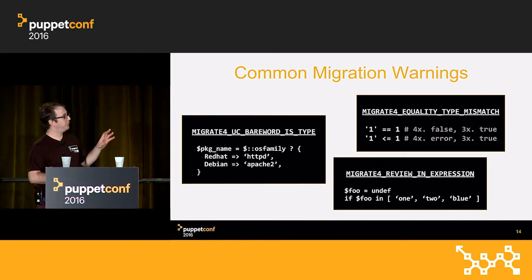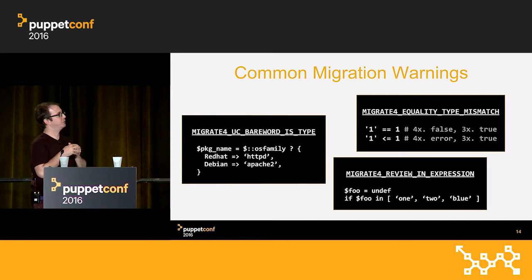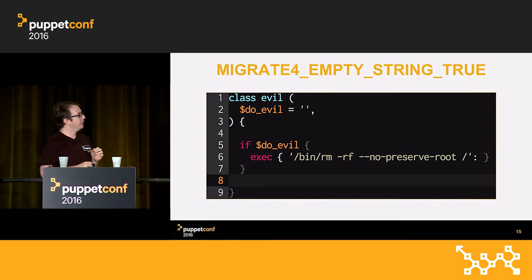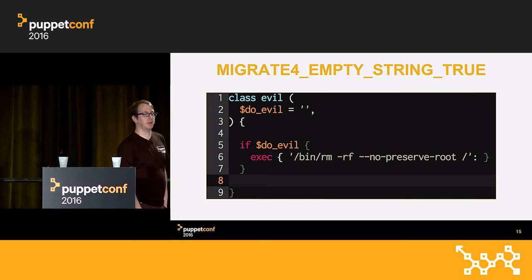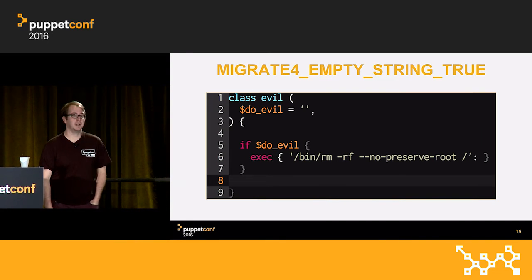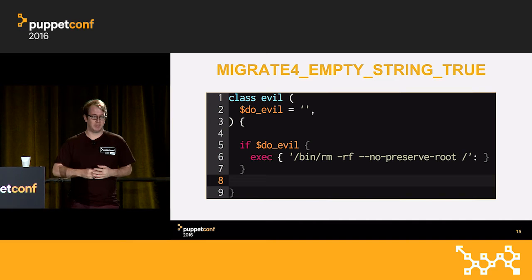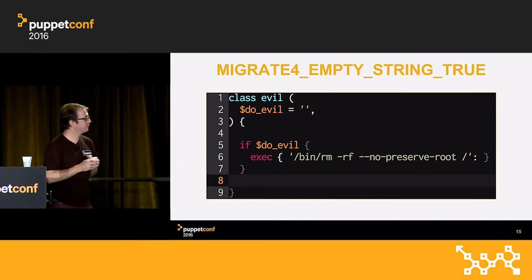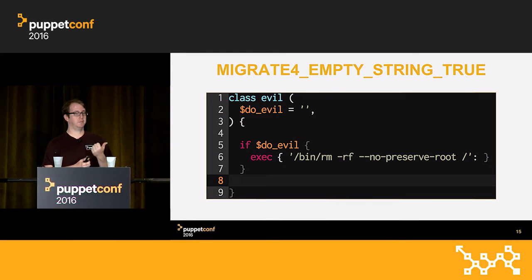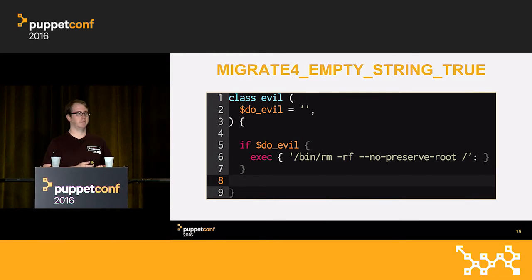Okay, so these are three common ones, but by far the most prevalent one, the one that might affect you in more places than you think, is migrate for empty string true. In Puppet 4, the empty string is now considered true. In Puppet 3, it was considered false. The catalog preview tool is able to parse your code and find these problems for you before they affect your code.